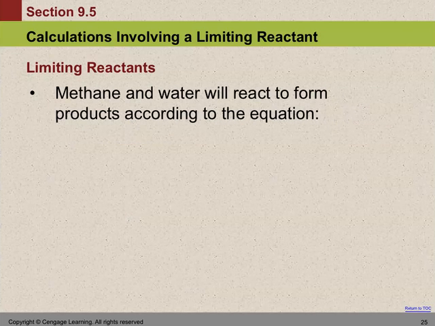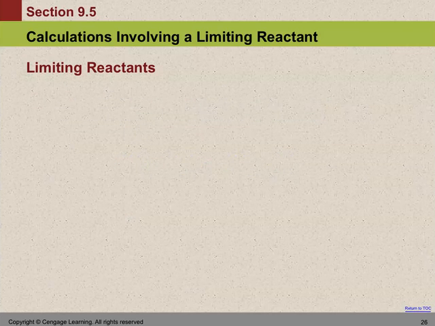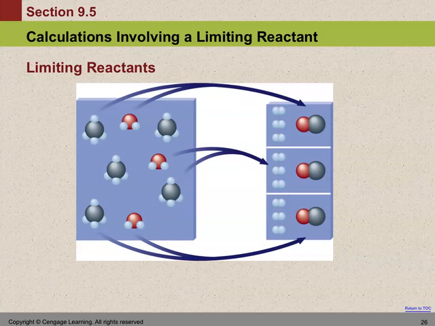Methane and water will react to form products according to the equation below. Here methane and water produce hydrogen and carbon monoxide. Let's have a look at this pictorially. Methane is represented with the black ball for carbon and the 4 attached hydrogen atoms in light blue.